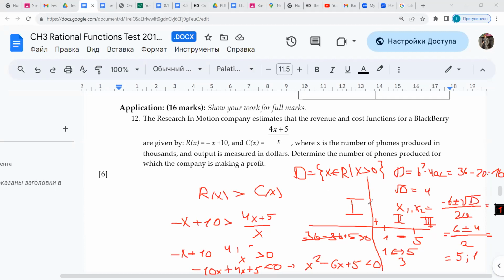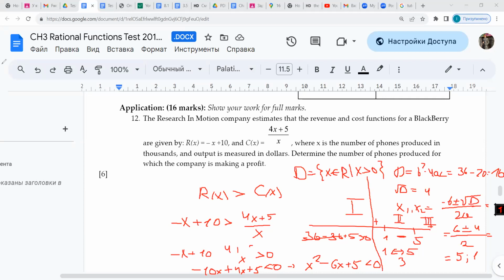Remember, x represents the number of phones in thousands. So my answer for this question would be from 1 to 5,000 phones would be the optimal number of production in order for the company to make profit.